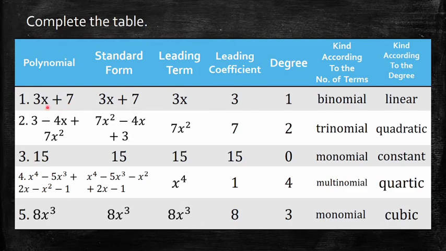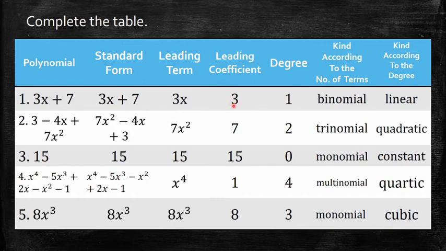Since it is already arranged from highest degree to the lowest degree, so we have 1, 0, so it's already in its standard form, 3x plus 7. Then the leading term, the first term after we arrange it in its standard form, is 3x, and then the leading coefficient is 3.